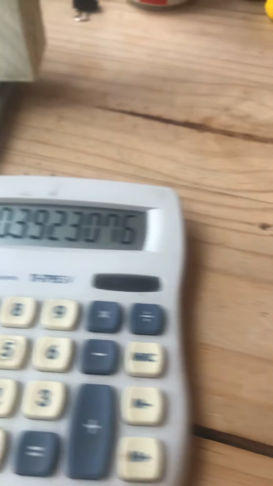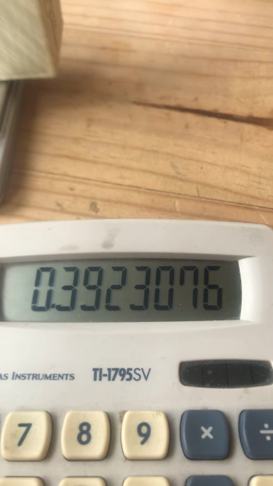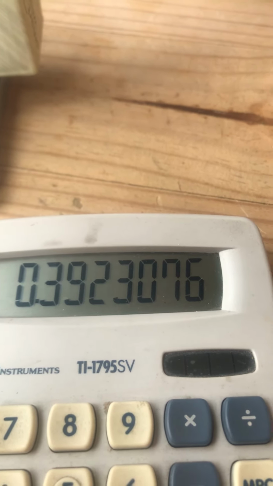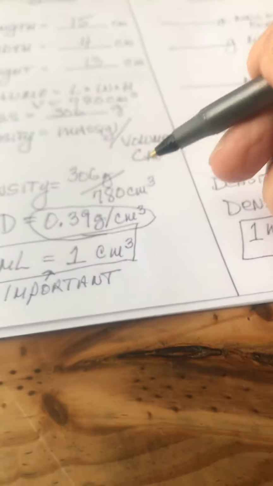And that gives us a density of 0.39 grams per cubic centimeter. And there she goes. Circle that baby.